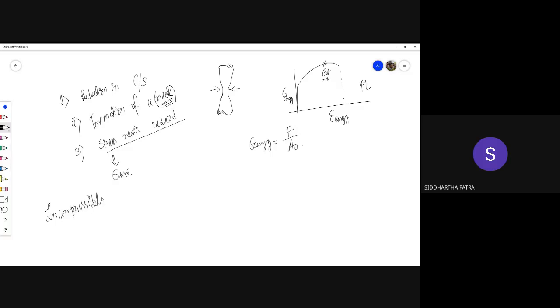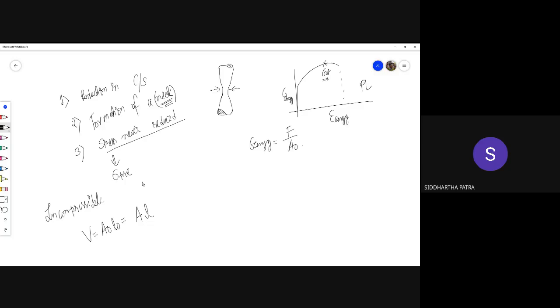That means the volume doesn't change. That means, let's say you started with A0 and L0, and after a certain amount of loading, you had a new cross section area A and new length L, but then this relation should be valid.